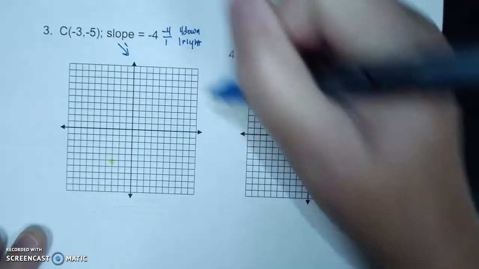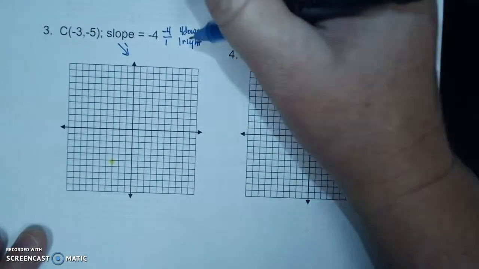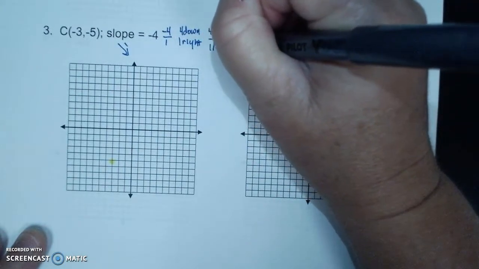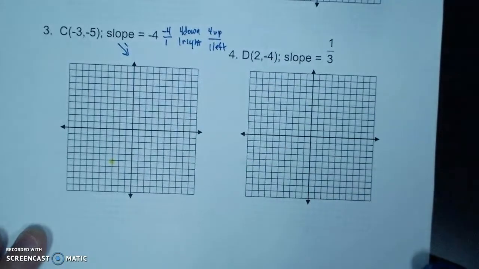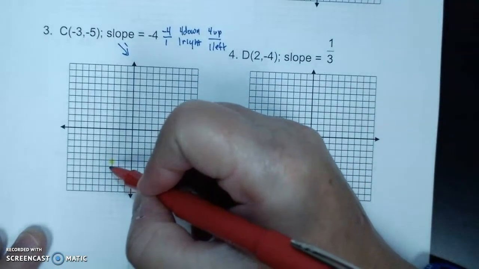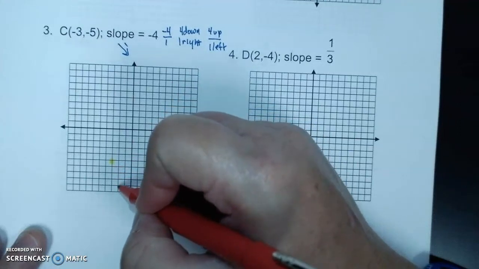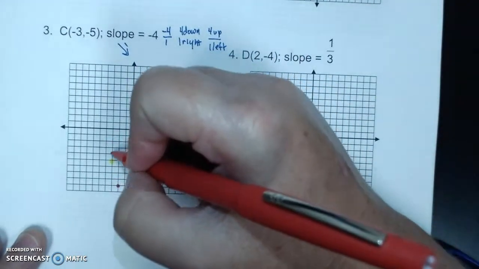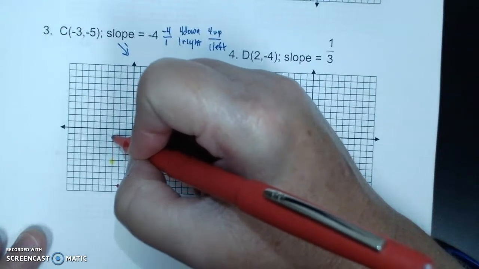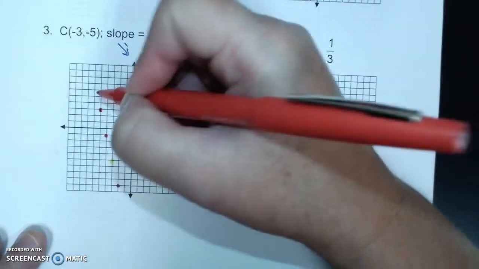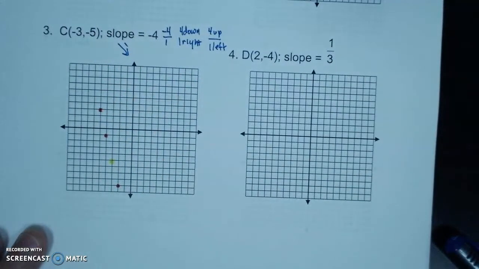And notice it's going to be going like that. My other direction is 4 up, 1 left. So if I go 4 down, 1 right, 4 up, 1 left, 4 up, and then that's fine.